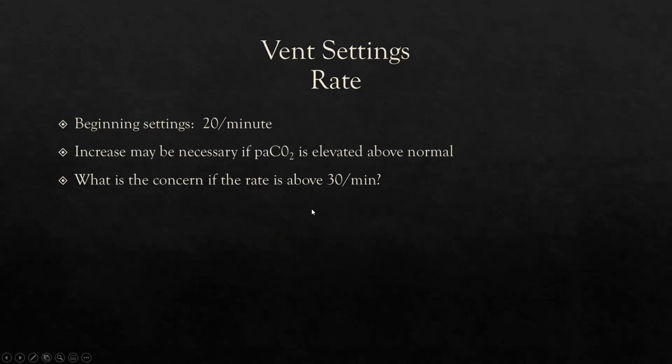If you're increasing the respiratory rate and now you're more than 30 breaths a minute, what could be a concern that you have to look out for? Air trapping. And what about the IE ratio when you have a fast rate? It might be inverse ratio at that point. Yeah, so you have to make sure your I time is short enough so you don't have inverse ratio ventilation.